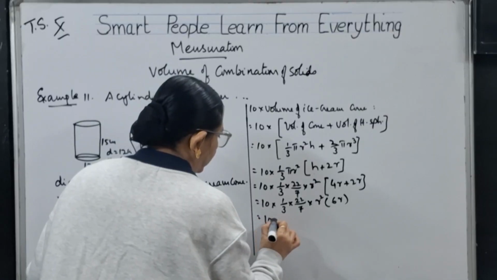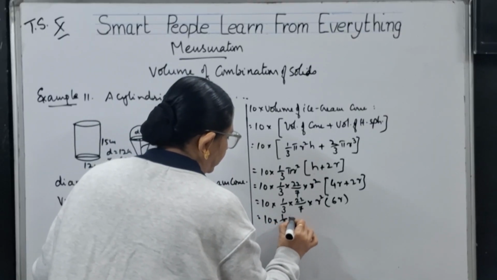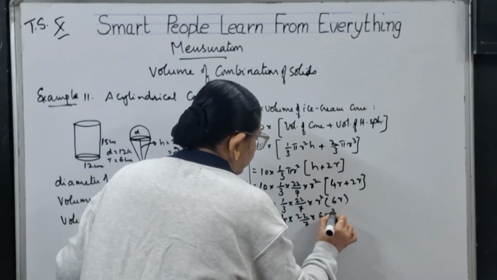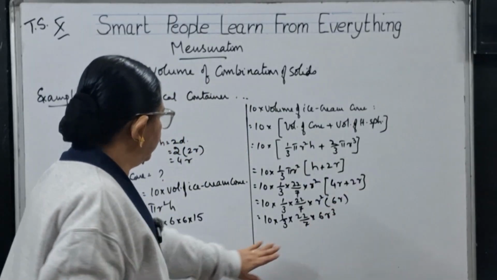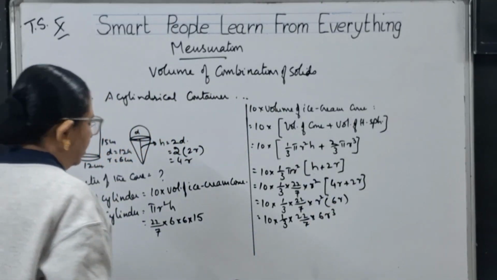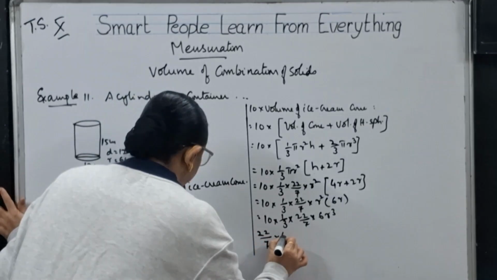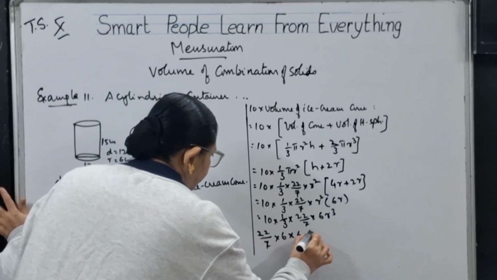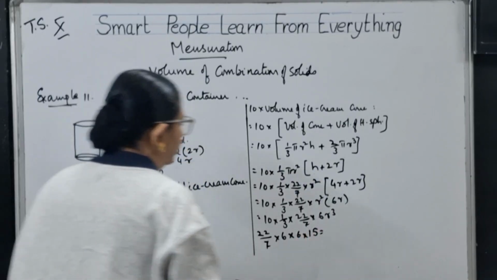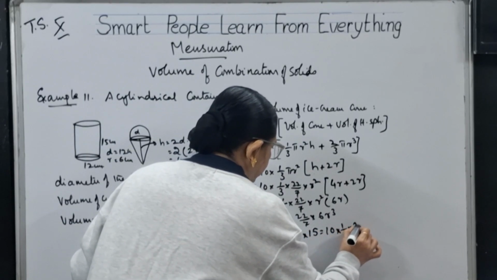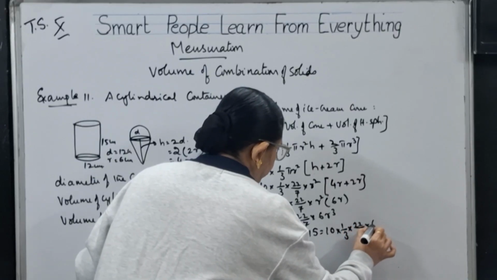That is 10 into 1 by 3 into 22 by 7 into 6r cube. This is equal to 22 by 7 into 6 into 6 into 15, equal to 10 into 1 by 3 into 22 by 7 into 6r cube.